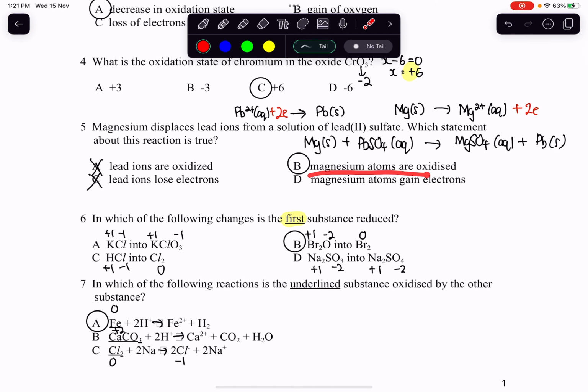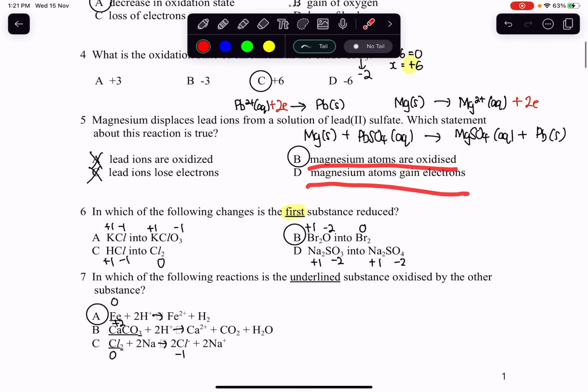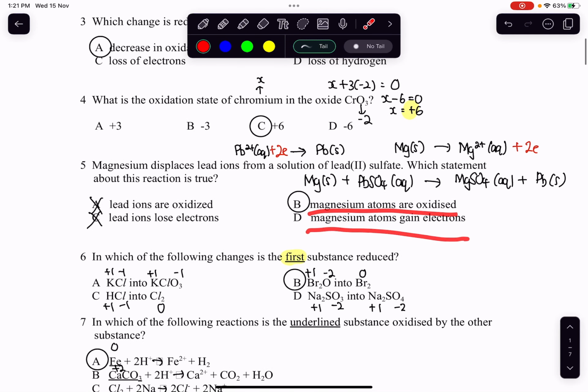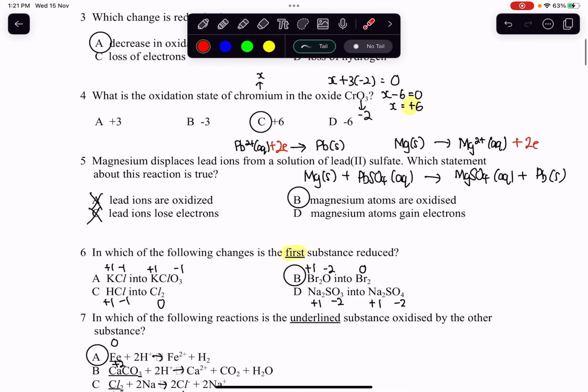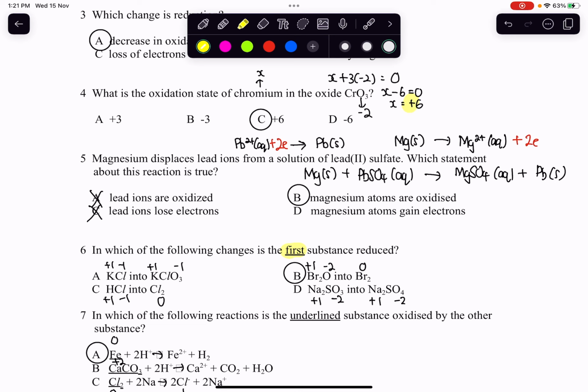You know that it has something to do with the magnesium atoms, so I can just focus on magnesium and ignore the lead. How do I focus on magnesium? I just highlight the magnesium on the left hand side and the right hand side. On the right hand side, because it's a salt, it can ionize to form the ions. So you have MgSO4(aq).